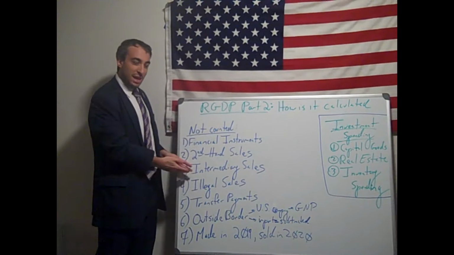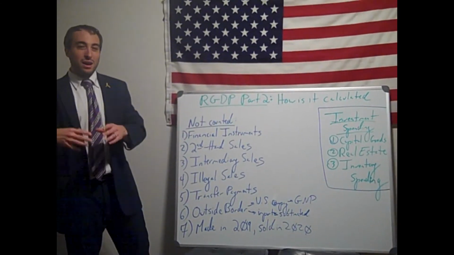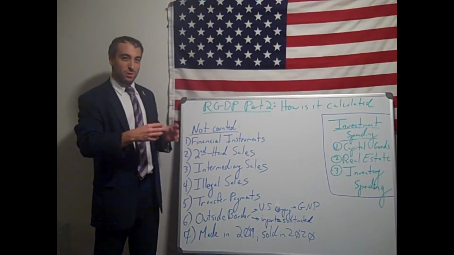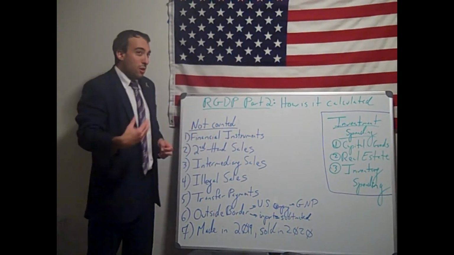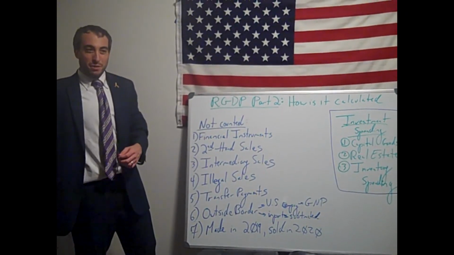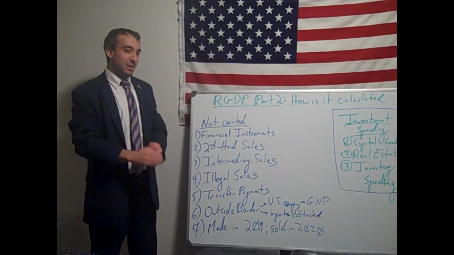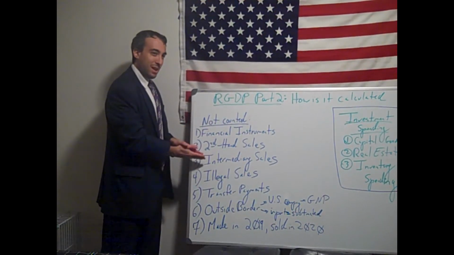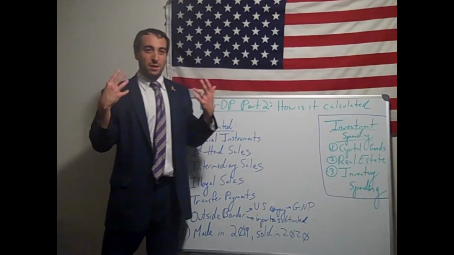Because where are those tomatoes counted? Those tomatoes are counted in the final sale of the product. Those tomatoes go towards the final price of the product. So Heinz purchasing the tomatoes from a tomato farm is not counted because they are an intermediary item, a middle item for the final product of the ketchup.